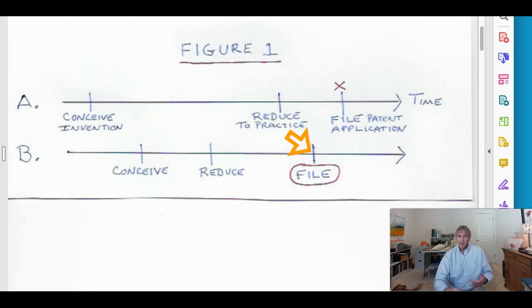And so, up front, the application provides enough information for a skilled individual to make the invention. Therefore, it can serve as evidence that B has successfully reduced the invention to practice. But then A will say, wait, I can prove that I had a working prototype before that date, so I have priority.